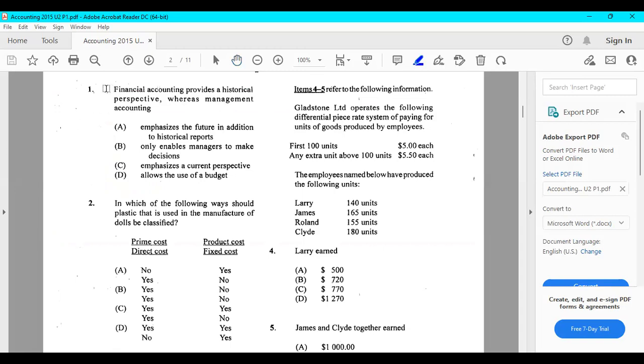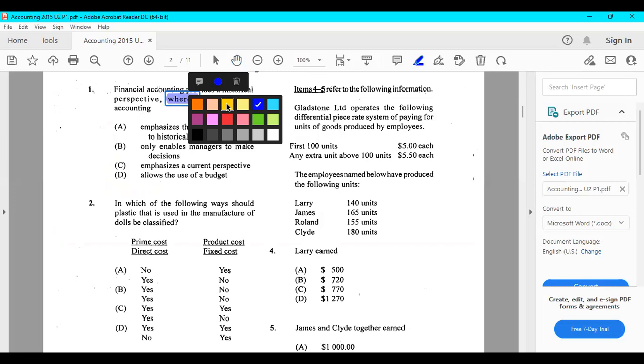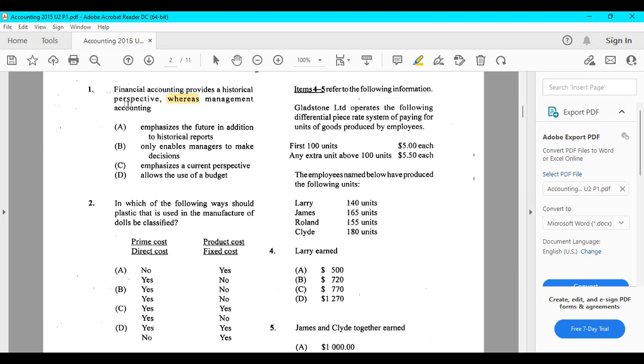Financial accounting provides a historical perspective, whereas management accounting, so note this keyword right here, whereas. If you see something named whereas, just know that we're comparing something, right? So we know, yes, definitely financial accounting provides a historical perspective. So let's compare to management accounting.